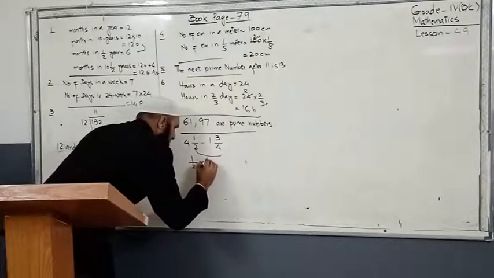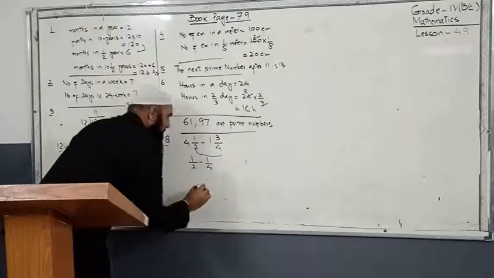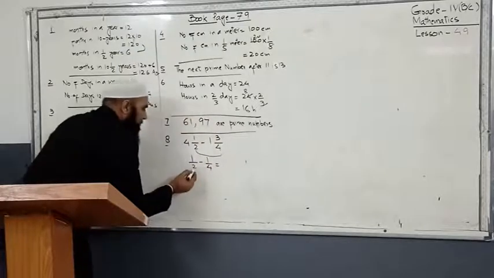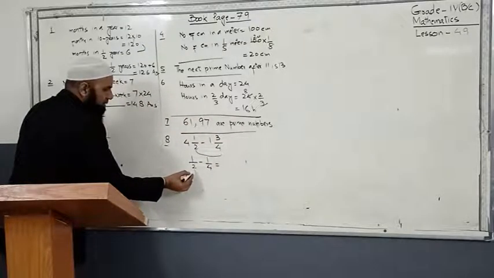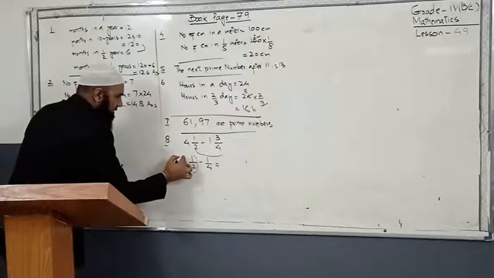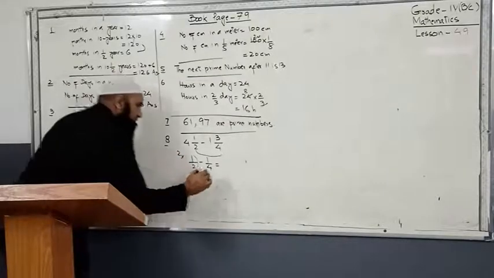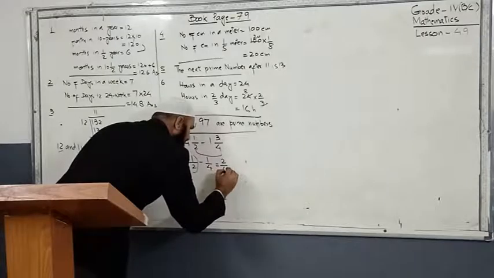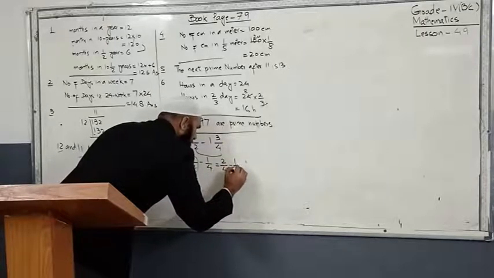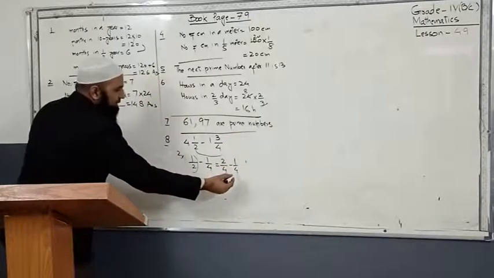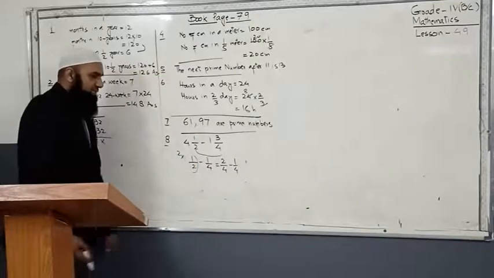1/2 minus 1/4 will be equal to, we will multiply this fraction by 2. This will become 2/4 minus 1/4. Now we have made their denominators the same.